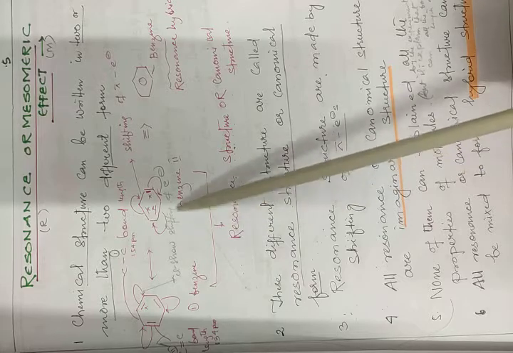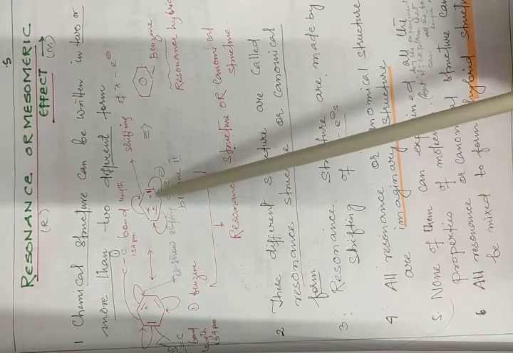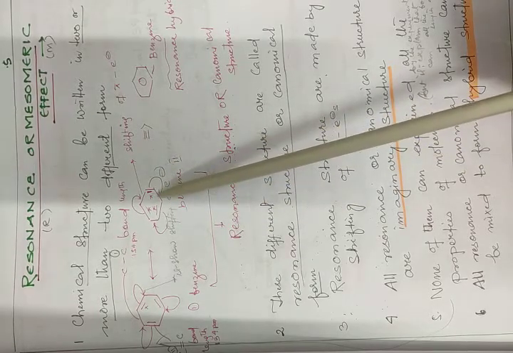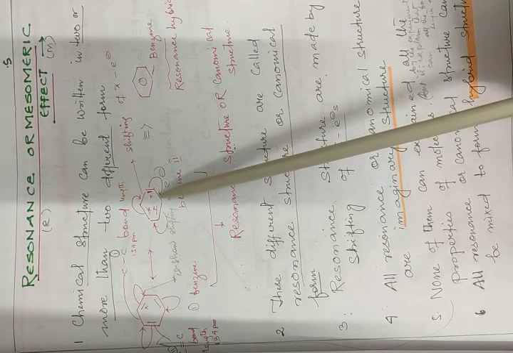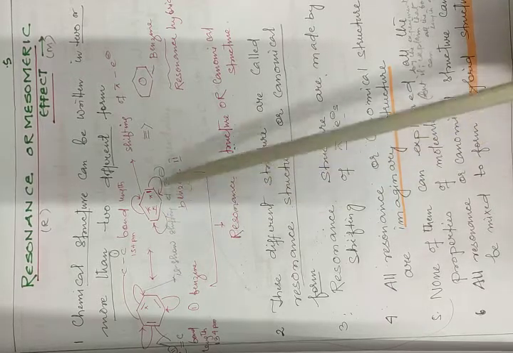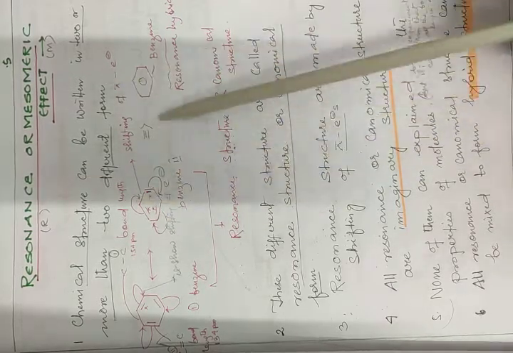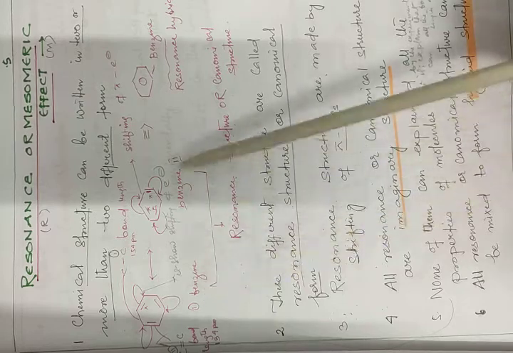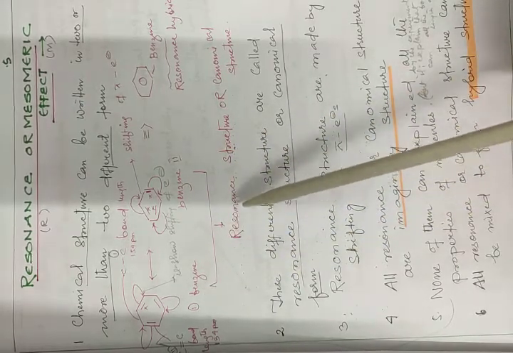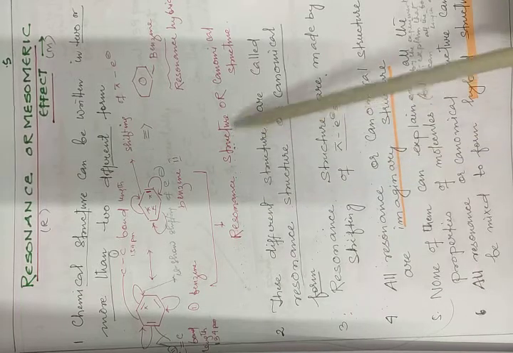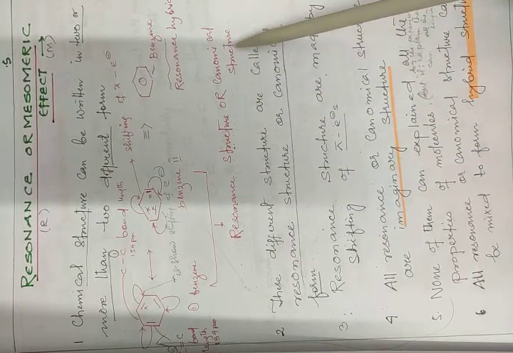That means two or more structures in different forms. And then another one, see this, this 1 and 2 will be called resonance structures or canonical structures.